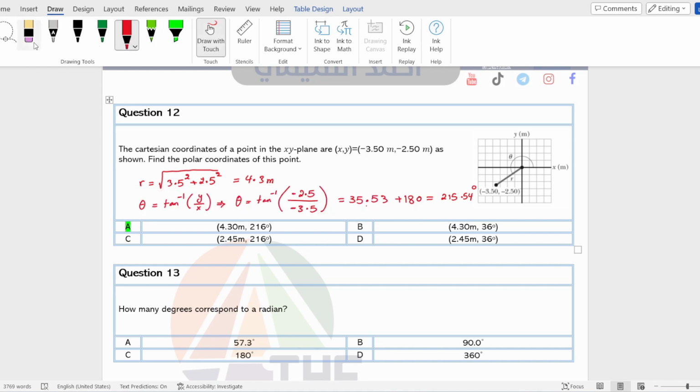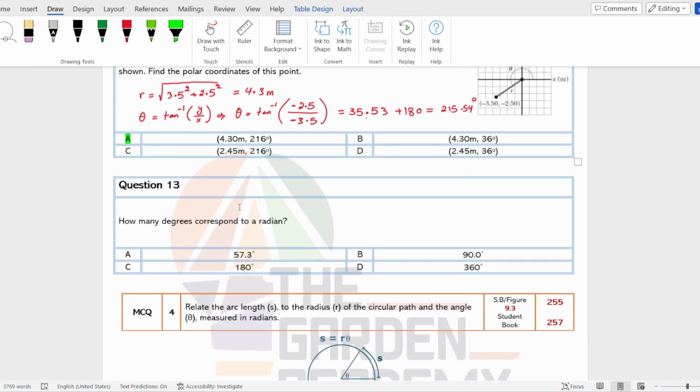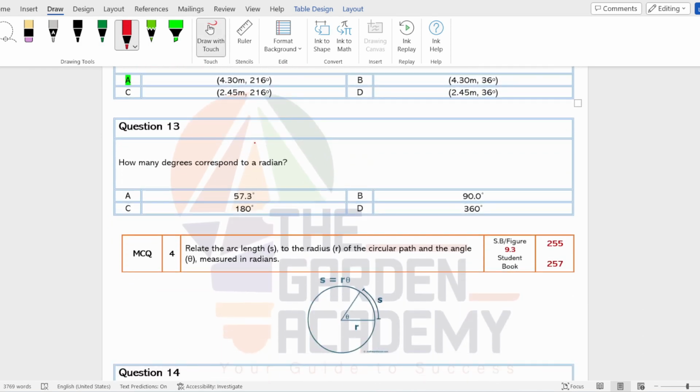Nice. Now let's go to question 13. How many degrees correspond to a radian? In this case we will do a small conversion. Now how to convert from 1 radian to degrees, which is unknown.